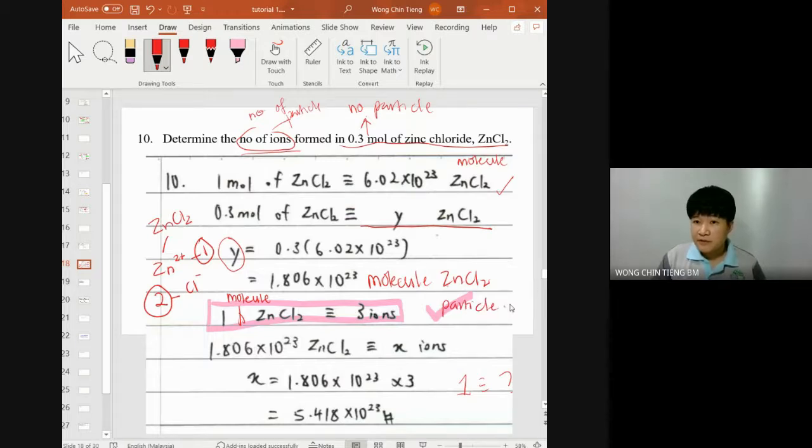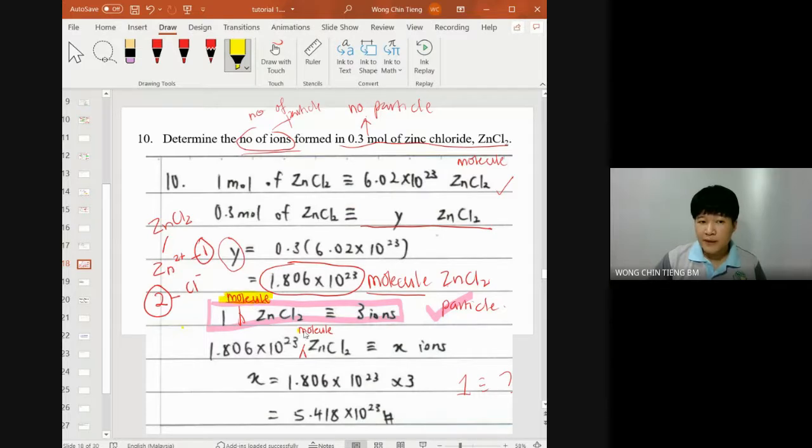Okay? Dan sekarang saya tak ada satu molekul ZnCl2. Saya ada 1.806 darab 10 kuasa 23 molekul of ZnCl2. Okay? Same thing, Banjin. Molecule. Okay? Dan kamu akan nampak sayang. Then it's a lot easier to understand.